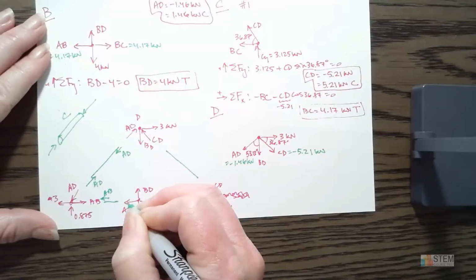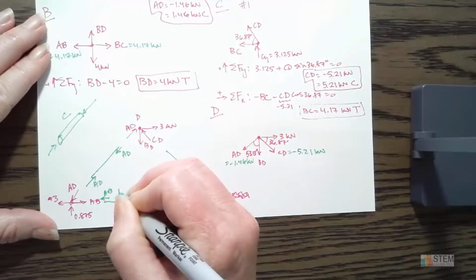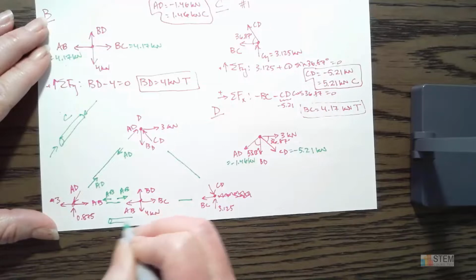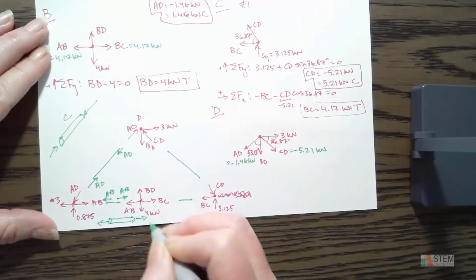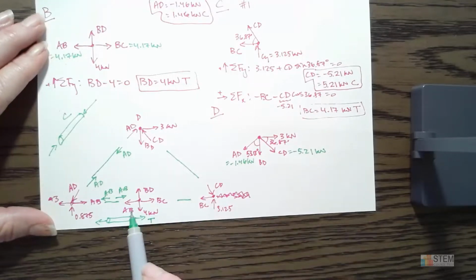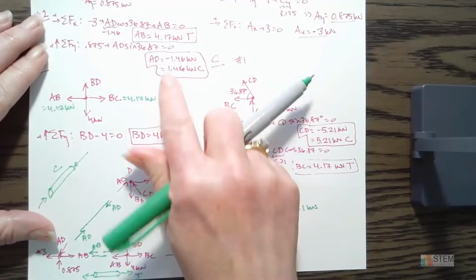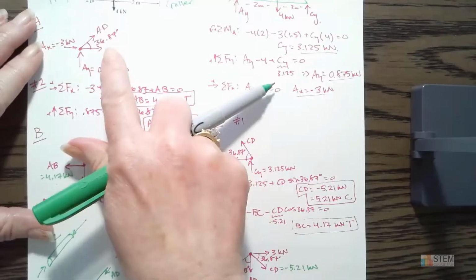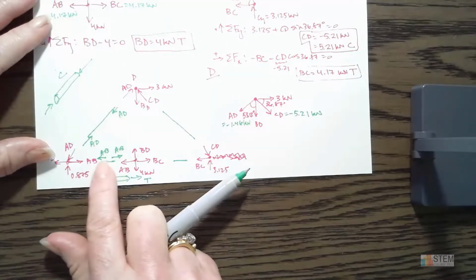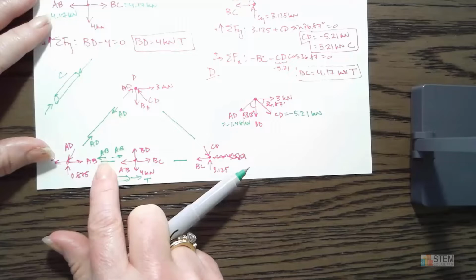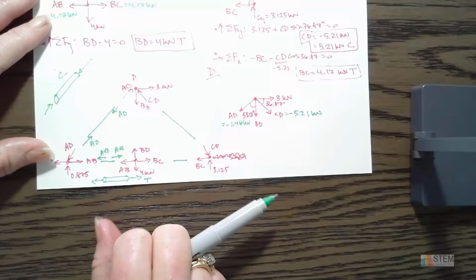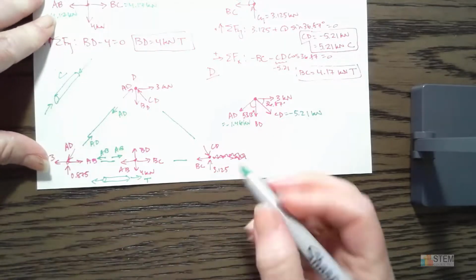It's pulling on the joint, so the member's gonna push back. So this one, if we look here, we've got forces pulling on the ends of the member. So this is tension. So AB, if we look up here, was a positive number. So this was the correct direction. And then as you see down here, in order to have the equal opposite reaction, there's got to be a force pulling on the member, which puts it in tension. Okay, so that's why positive is tension and negative is compression.